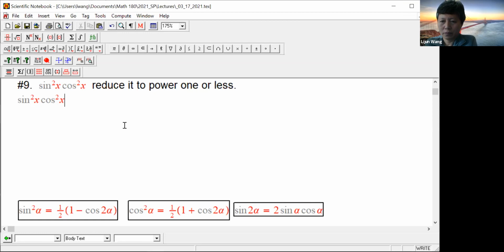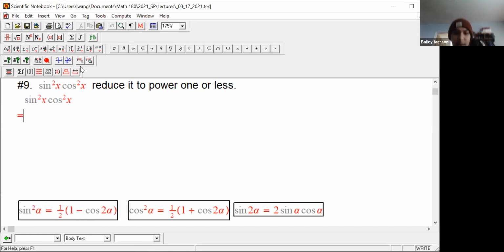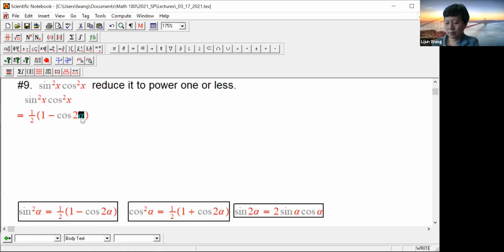Yeah, I feel like I did it wrong. How did you do it? So I replaced the sine squared x and the cosine squared x with the formula. This one? Yeah, I did that one and the other one, and then I multiplied them together, so this is x. And then how about this one?